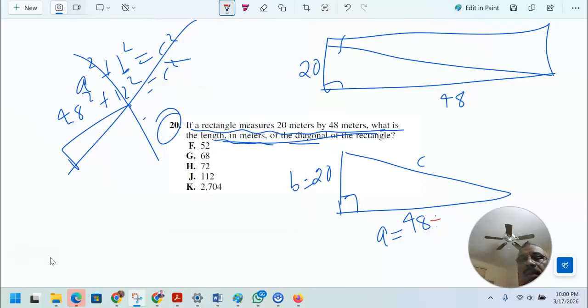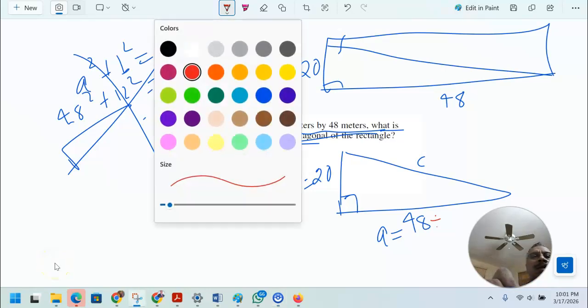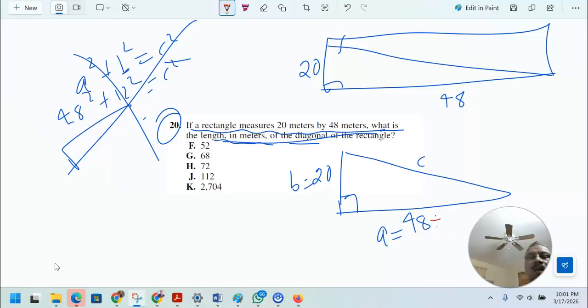You can see this number is divisible by 2, or 4 also. So 4 divides 48 to get 12, and 4 also divides 20 to get 5.